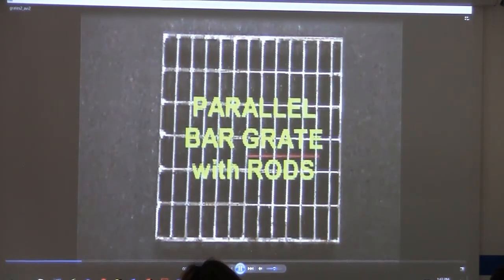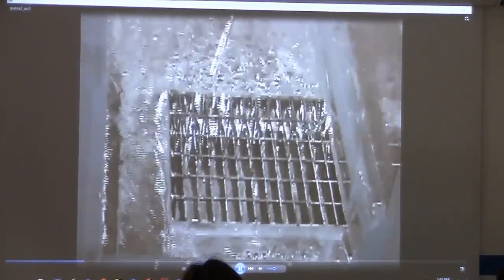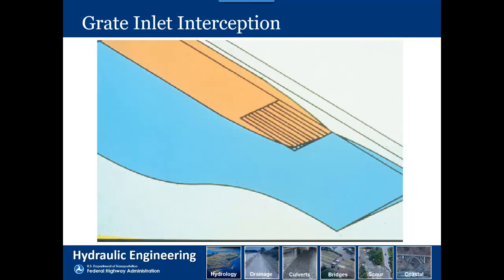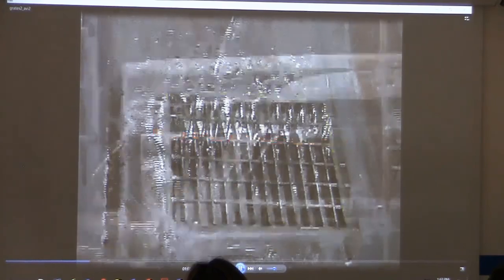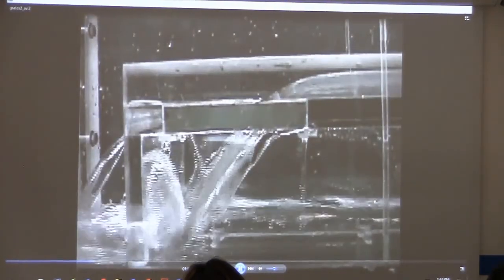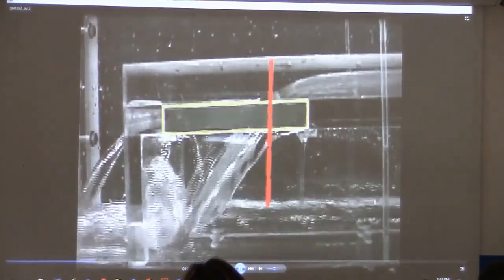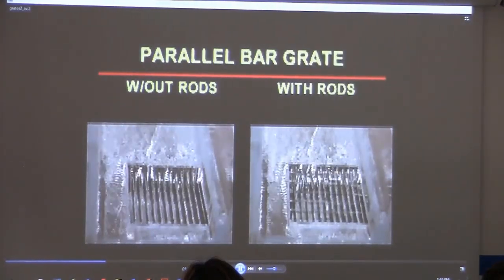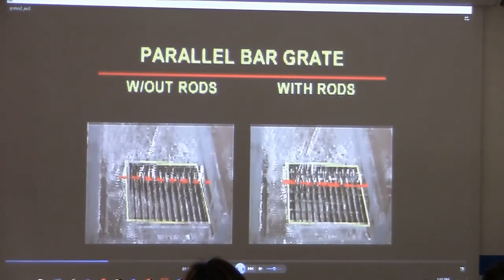So this is the bicycle seat. That was a pretty good job. Not much difference.